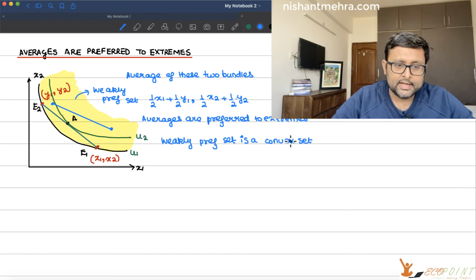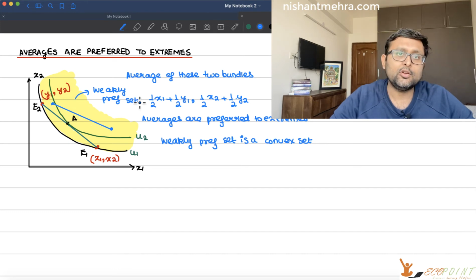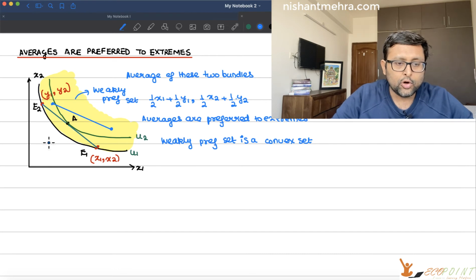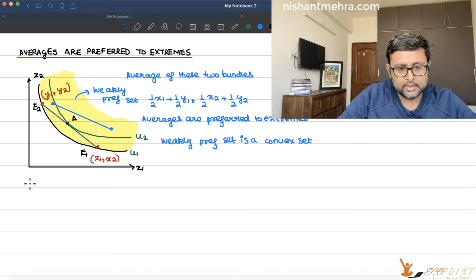One thing is that. One more thing I want to tell: I have written this as a midpoint, but you can also write this in terms of any combination. It is not only true for the midpoint; I'll draw another curve so that it becomes clear.